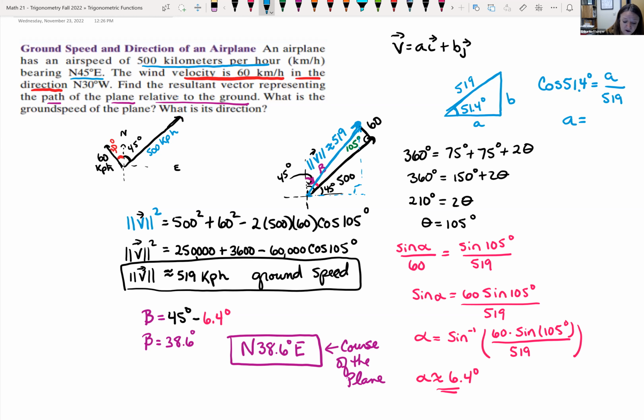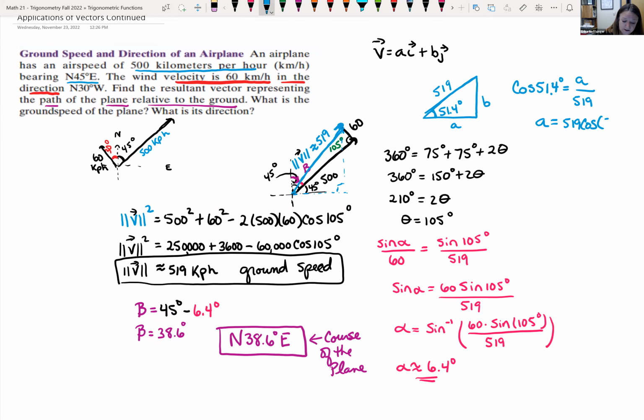So the horizontal component of my vector, A, is equal to 519 times cosine of 51.4 degrees. Plugging that in, 519 times cosine of 51.4 gives me approximately 324, in terms of kilometers per hour.